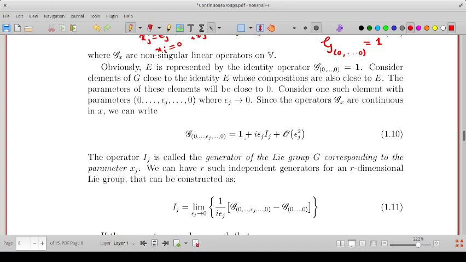So I may write this as 1 plus i epsilon_j times I_j plus terms that are of order epsilon_j square.